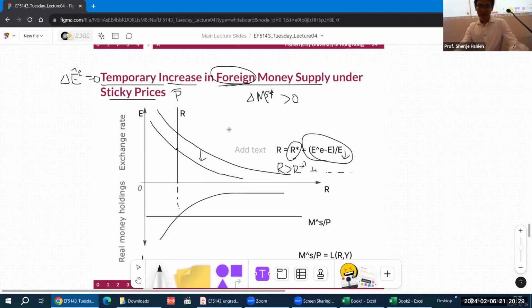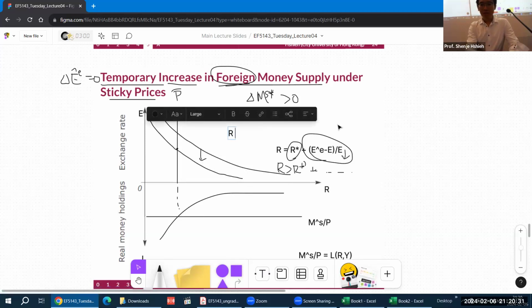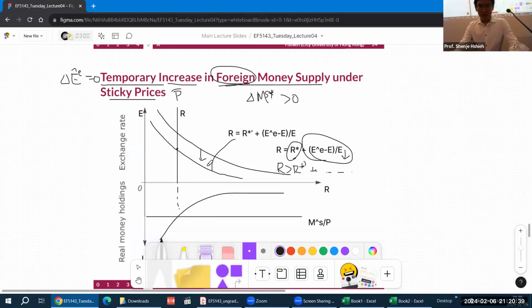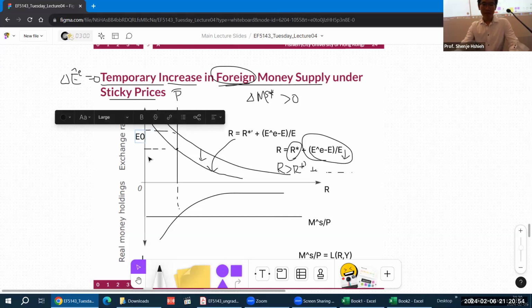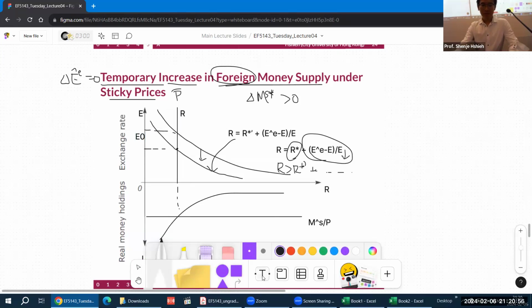Let me write R equals R star prime plus expected change in E. That is this curve here. So just visually seeing this, you should conclude that our spot exchange rate equilibrium must be lower, right?